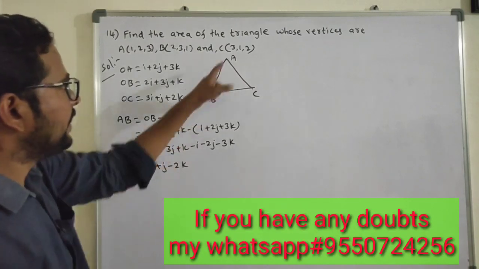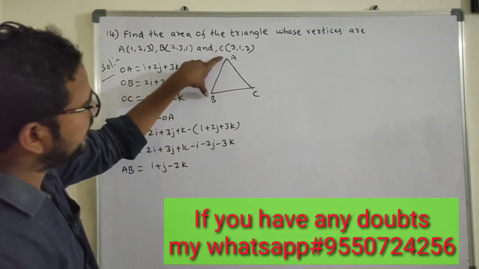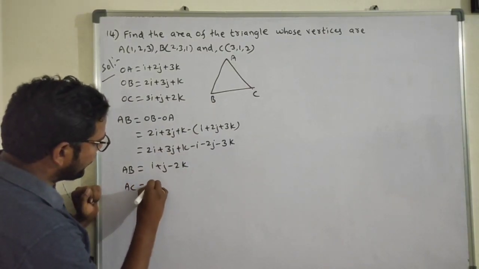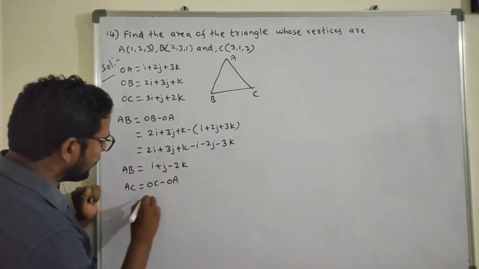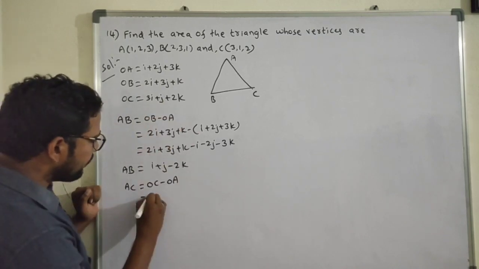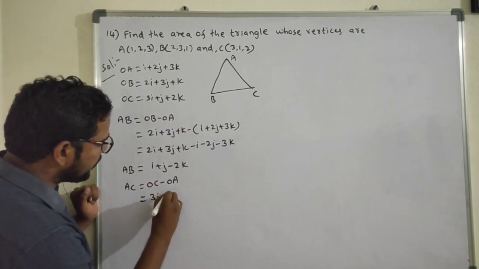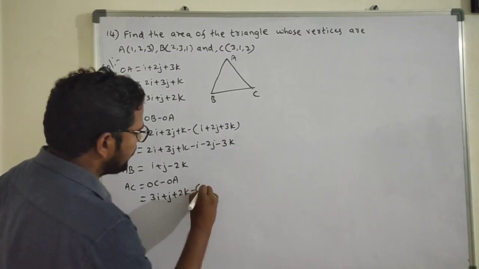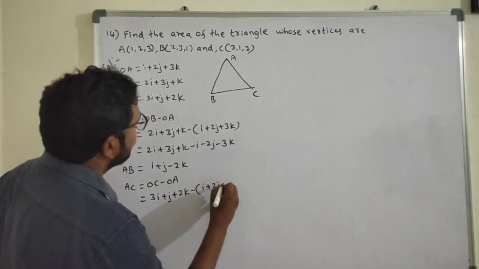Okay? Next find AC. Adjacent sides, find AB and AC. So AC is equal to OC minus OA. What is OC? 3i plus j plus 2k, minus the OA value, i plus 2j plus 3k.